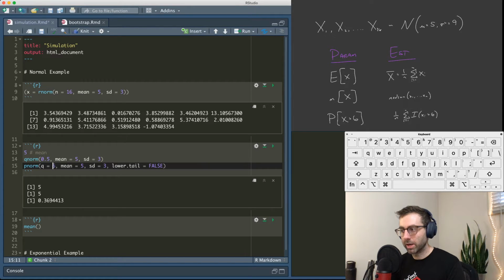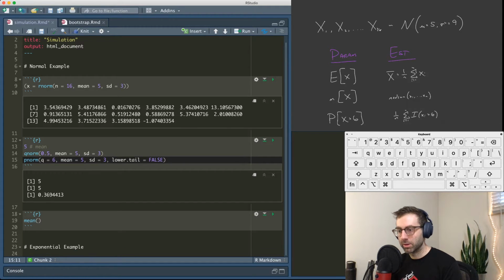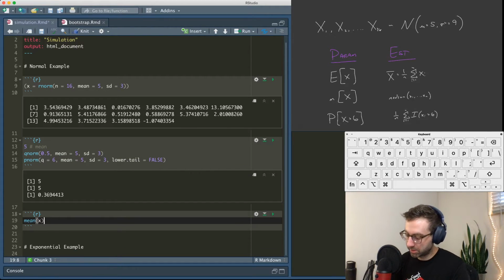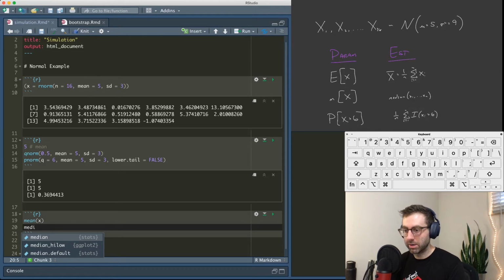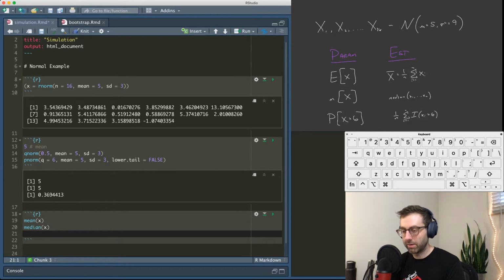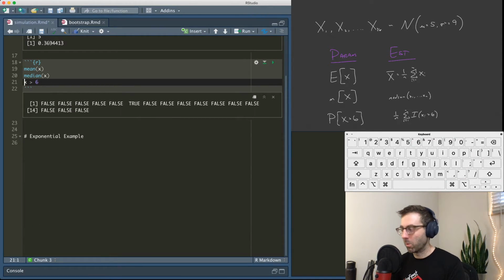Again, by creating a sample, that didn't change the parameter values. So the mean of x would be the sample mean of x. The median of x would be the sample median of x. And then if we did x bigger than 6, we want to find the proportion of TRUEs here, and that's if we use the mean function.